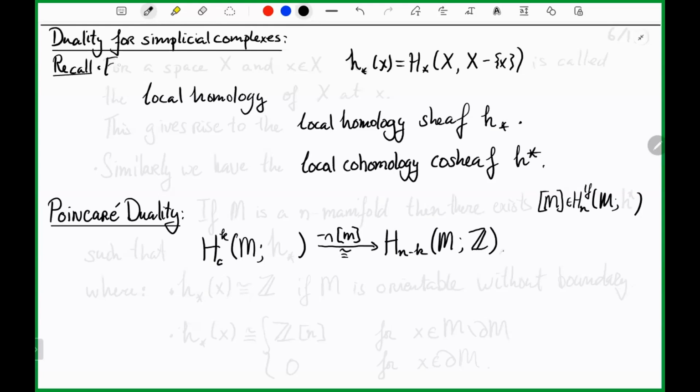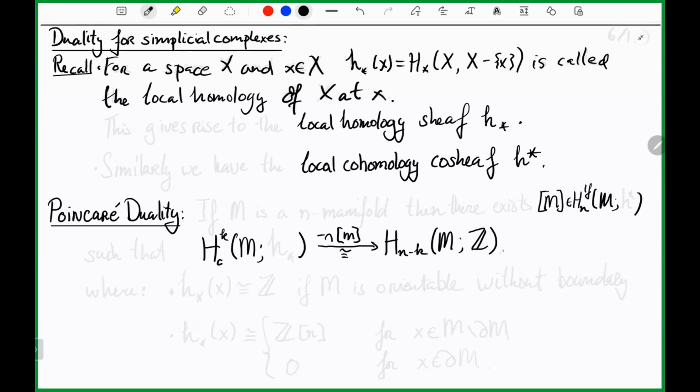So for a space X and a point x in X, this group here, the relative homology of X relative to X minus a point, is called the local homology of X at x. I'll denote it by this little h lower star of x.